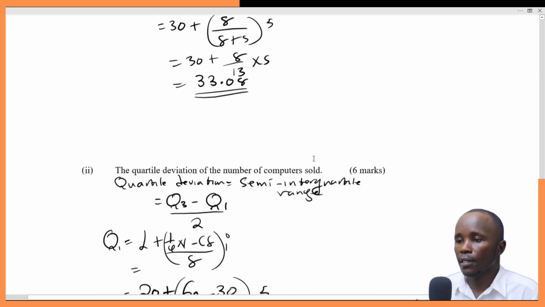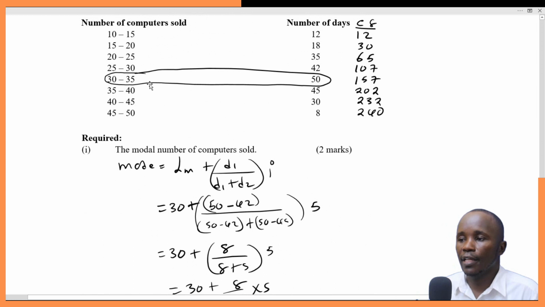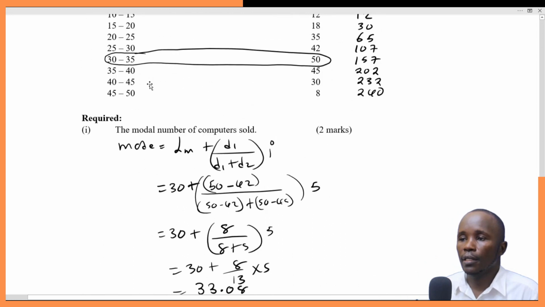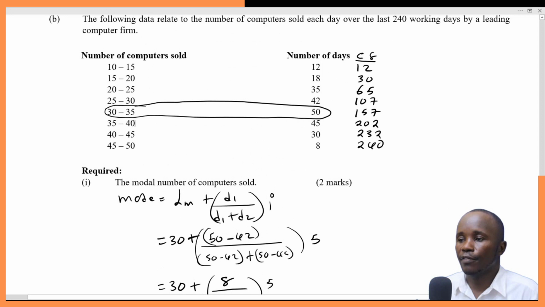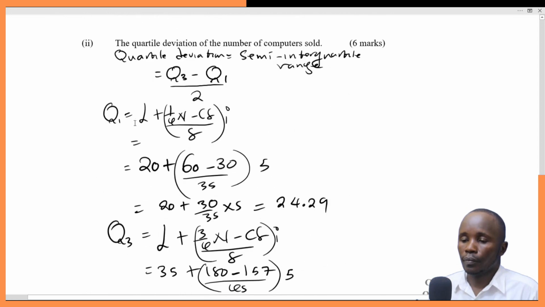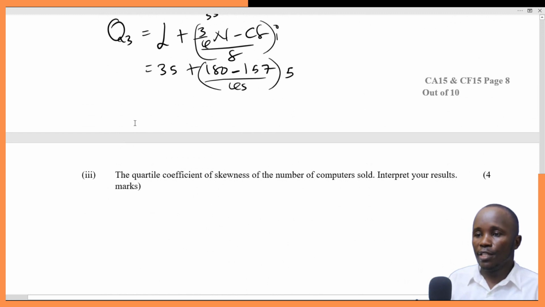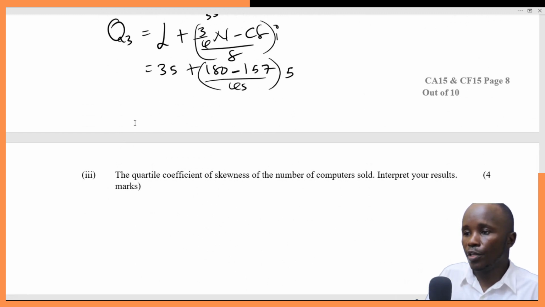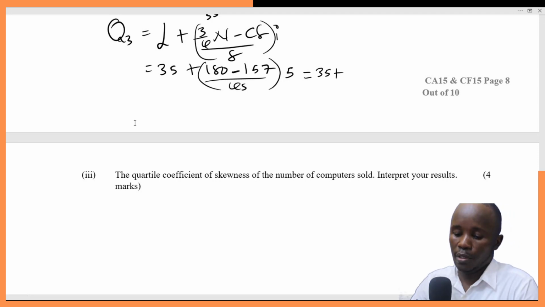157 is the cumulative frequency before that quartile class, and 45 is the frequency of that class. The class limits here are 35 and 40, which gives me 5, the class width. Now let's work it out. This implies 35 plus 180 minus 157, which gets 23, divided by 45, then times 5.